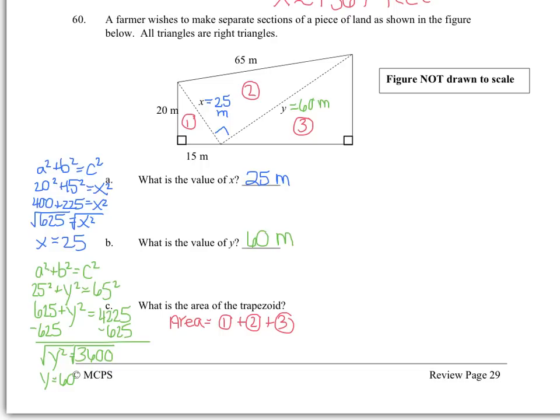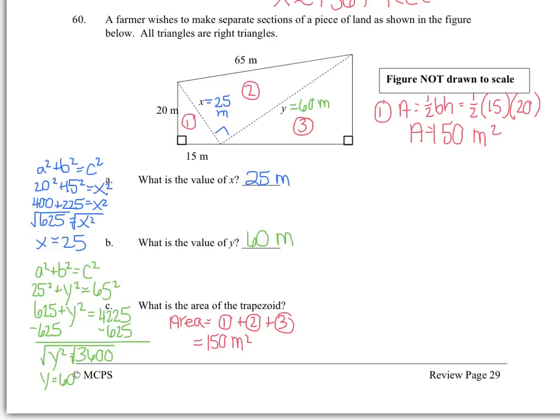Well, let's start with 1. Area is 1/2 base times height, which is 1/2 times my base of 15, my height of 20, and this is going to become 150 meters squared. So we know we're going to have 150 meters squared.